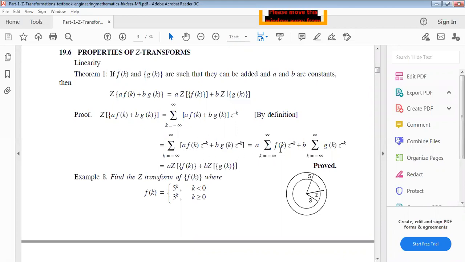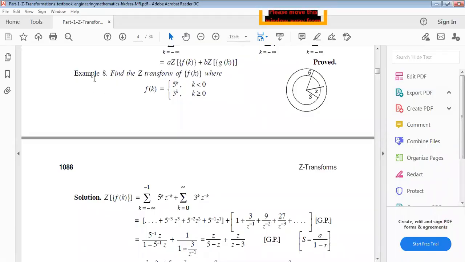It can be written separately, a into sum over k equals minus infinity to plus infinity of f of k, z to the power minus k, plus b into this. This is also the individual z transformation of f of k. That means a into z transformation of f of k plus b into z transformation of sequence g of k. So we proved that this property is satisfied, and this is also linearity property satisfied.